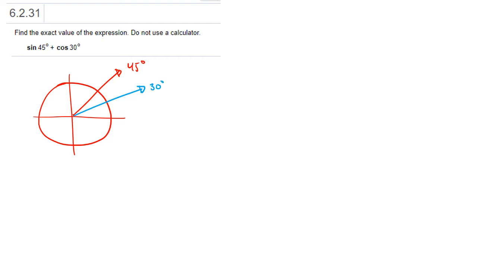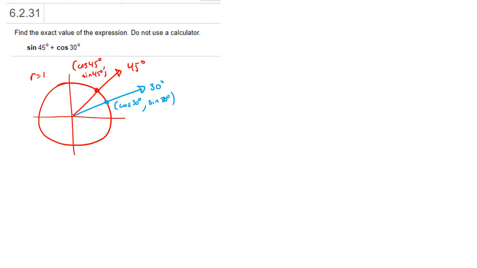If I label this point right here, the x-coordinate is the cosine of 30 degrees, and the y-coordinate is the sine of 30 degrees. Similarly, this red point on the circle of radius 1 has x-coordinate exactly the cosine of 45 degrees, and the y-coordinate is the sine of 45 degrees.